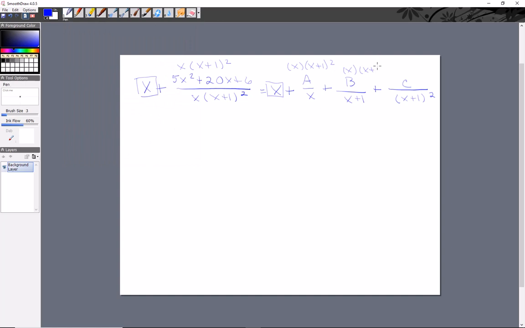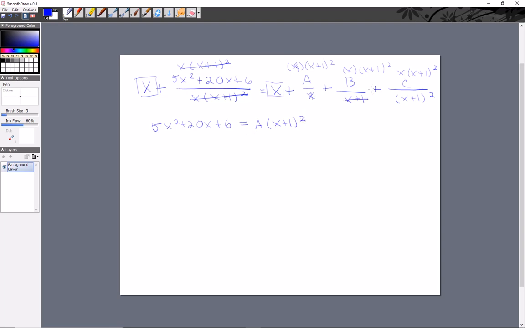So (x+1)^2 and x times (x+1)^2. This is going to go entirely with this, leaving just the numerator: 5x^2 + 20x + 6 equals. This x will take out this x, so we're left with A times (x+1)^2.